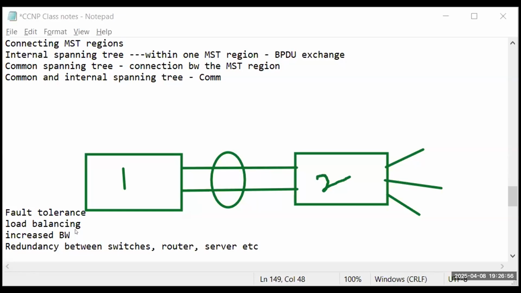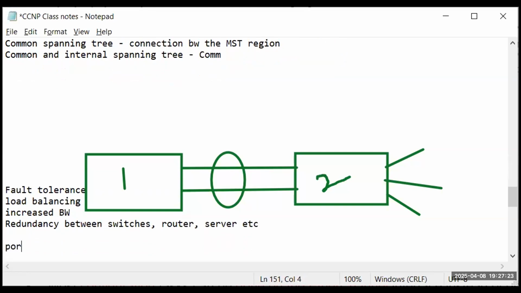When Ether channel is configured in a network, combining physical interfaces, that means we are configuring a virtual interface. We are going to configure a virtual interface, put all the physical interfaces into that virtual interface, and we call that interface a port channel.